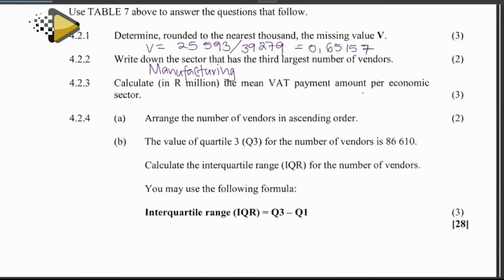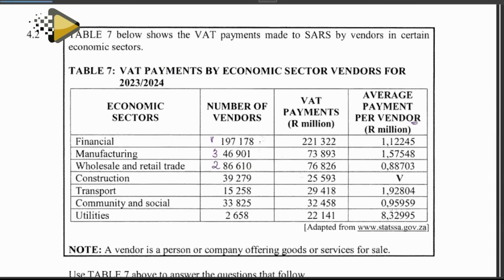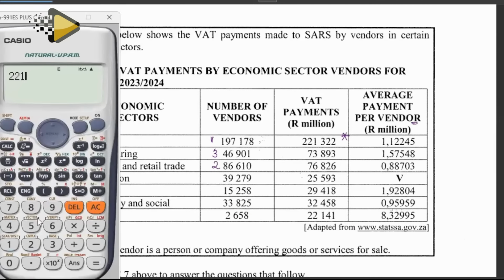Calculate in million the mean VAT payment amount per economic sector. So we're going to look at, we are here, VAT payment. So we're going to add all these values. When you add all those values, we have 22133322 plus 73893 plus 76826.